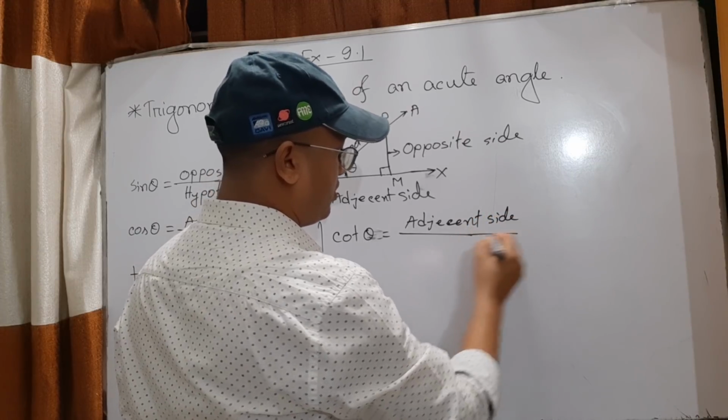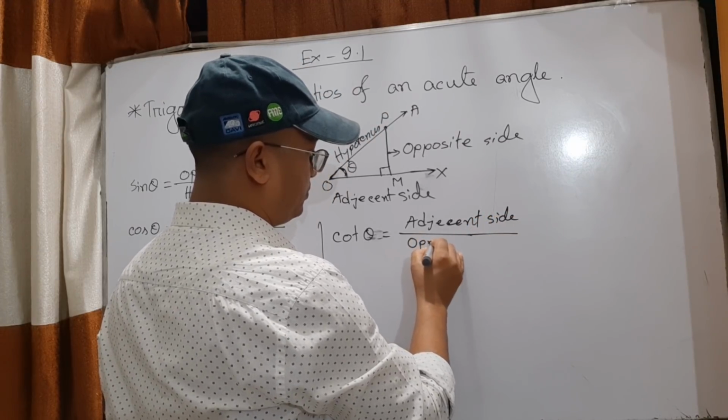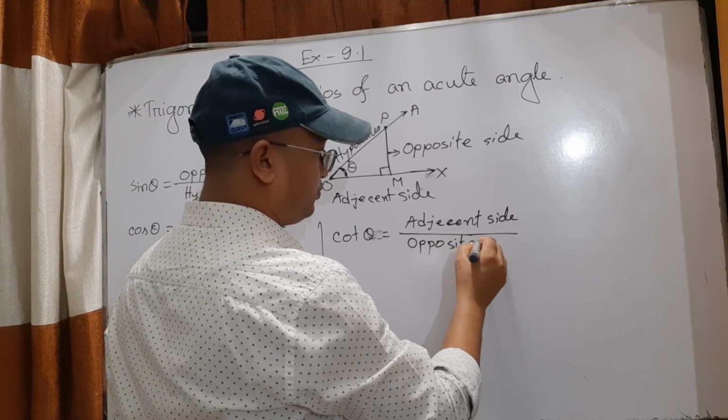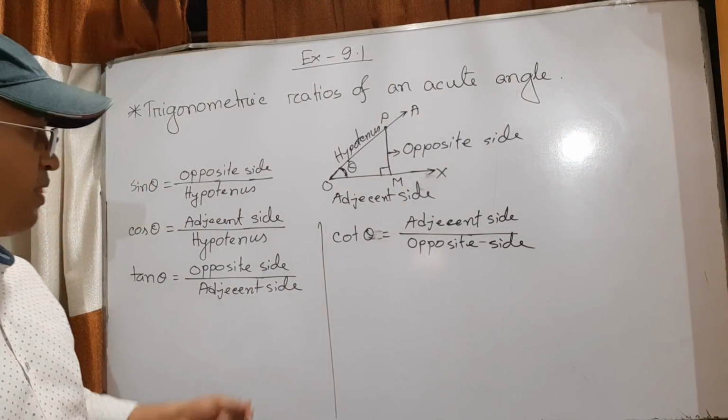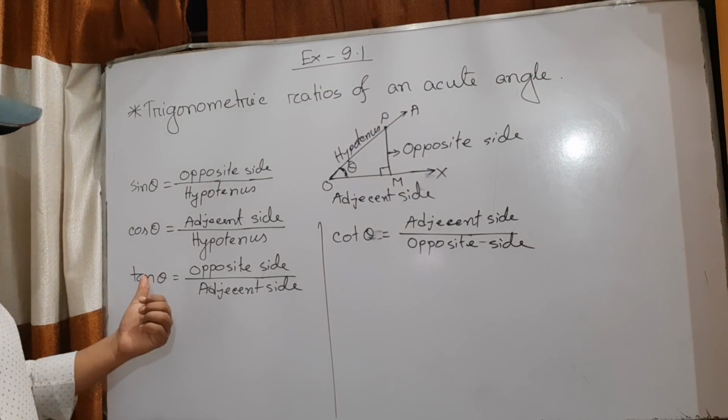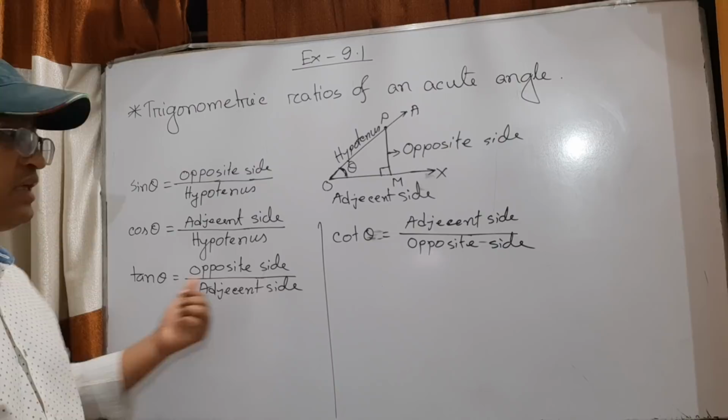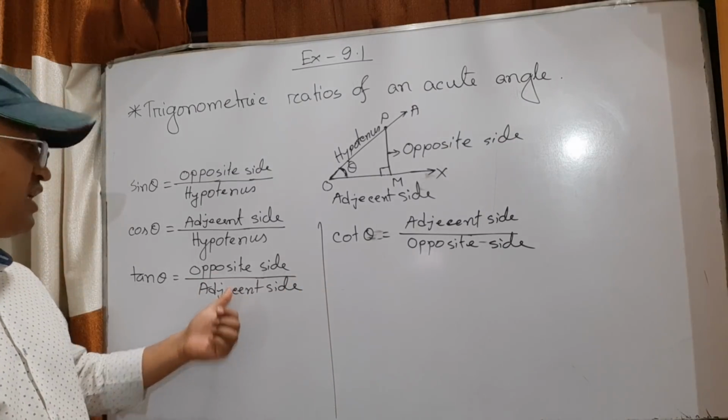Have you understood? Again, the opposite of tan theta is cot theta, so it will be adjacent side by opposite side.